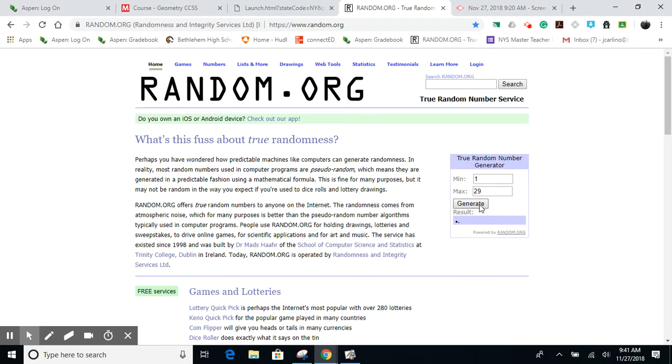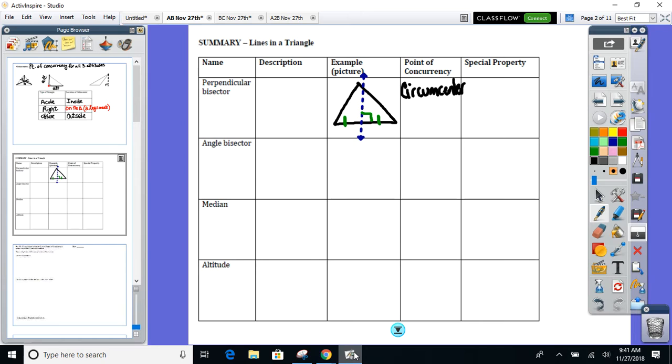Special fact, two days ago we went over it. Special fact. Equidistant from the vertices of the triangle, right? Equidistant from the vertices.